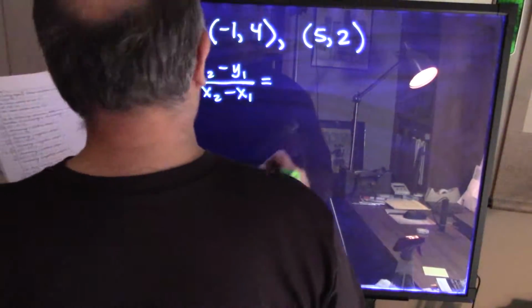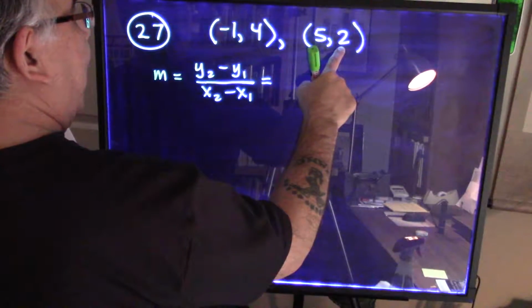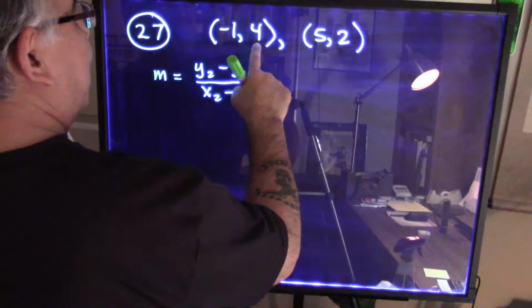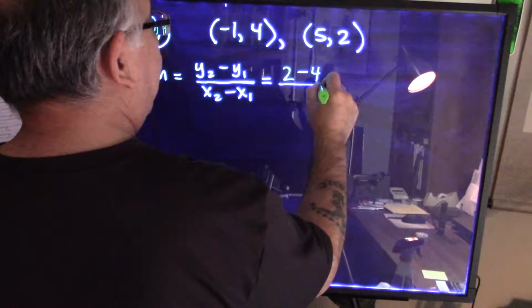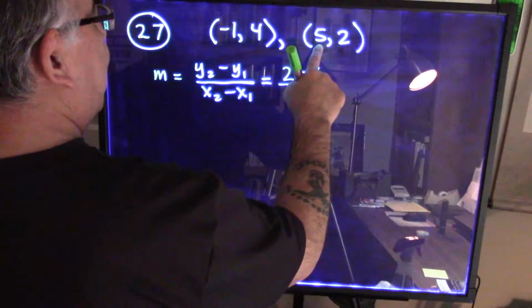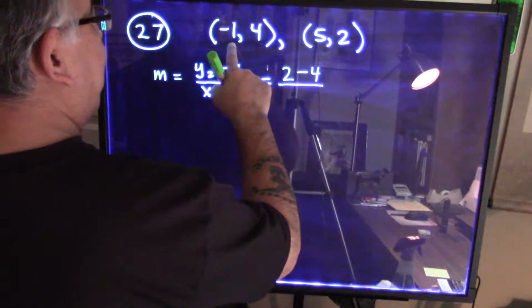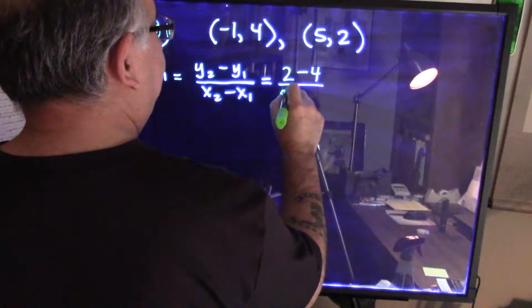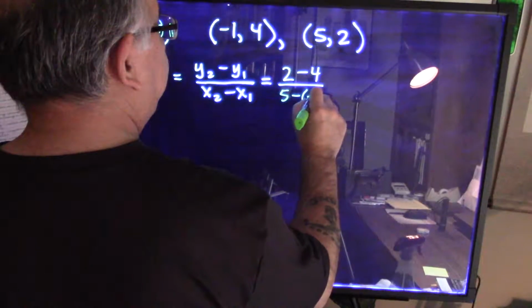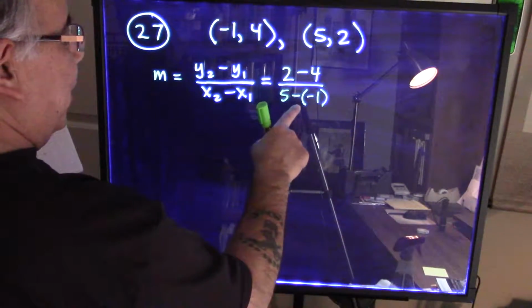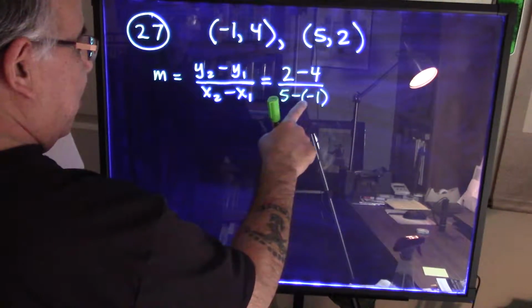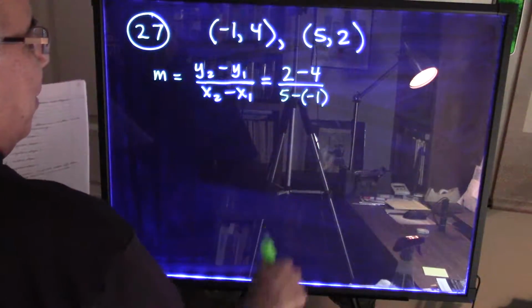So that's 2 minus 4. There's y2 minus y1, 2 minus 4. And then x2 is 5 minus x1 is negative 1. So you've got 5 minus a negative 1. I'm putting the negative 1 in parentheses so I don't have two minus signs butting up to each other.